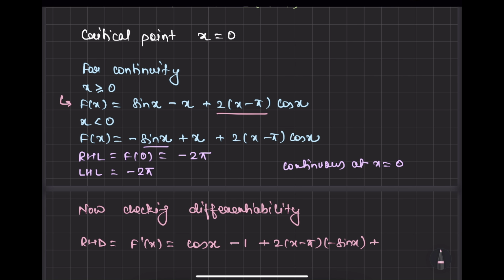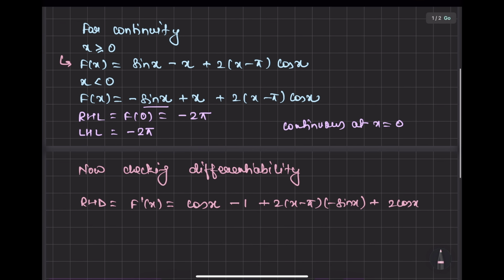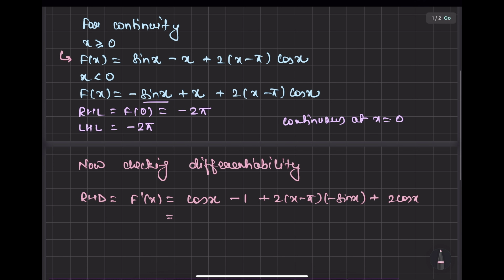Now we keep 2 cos x as it is, and differentiate the other part, so it is 1. Now you are checking differentiability at x equals 0, so substitute x equals 0. Cos 0 is 1, so 1 minus 1 is 0. Sine 0 is 0, so it will make everything else 0. Cos 0 is 1, so it will become 2. So you got RHD as 2.